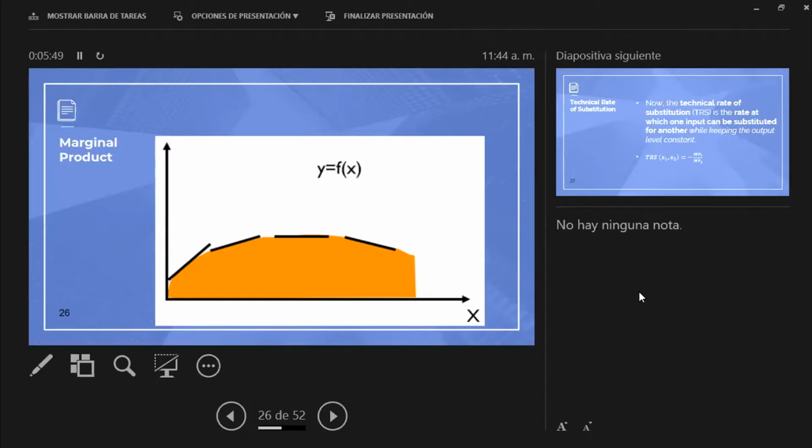A great example of this, where the marginal product is actually almost negative or zero, is Pemex. Pemex is a very inefficient firm, among other things, because it has too many workers in their different business units.